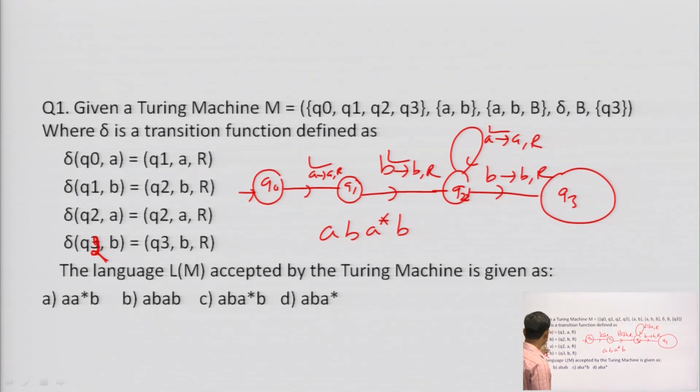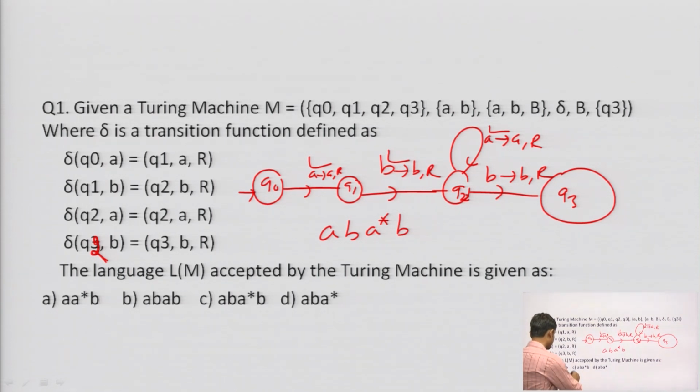Now see, Q0, A is there and read A, go to Q1, and in Q1 B is there, read B and go to Q2 and move right. In Q2, A is read and kept as it is as A, and the loop is there, and in Q2 B is there, read the B and keep as it is and move right, then Q3.